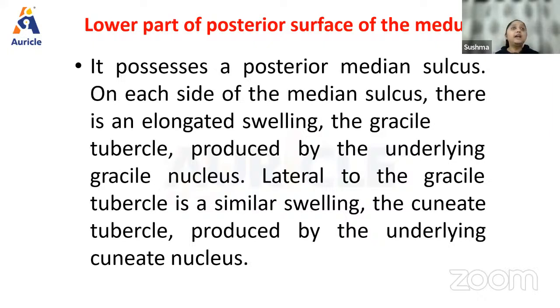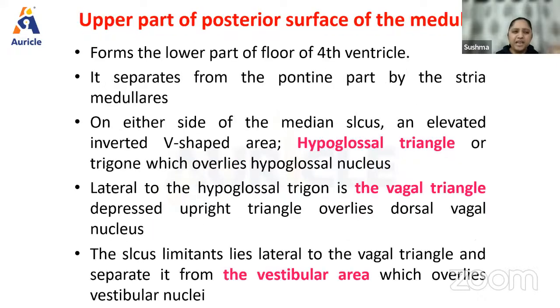You should know these tracts and pathways in and out because it's going to help you immensely to crack any question in physiology, anatomy, as well as in your entrance examination. In the lower part of the posterior surface of the medulla, what we have is the gracile nucleus and the cuneate nucleus.